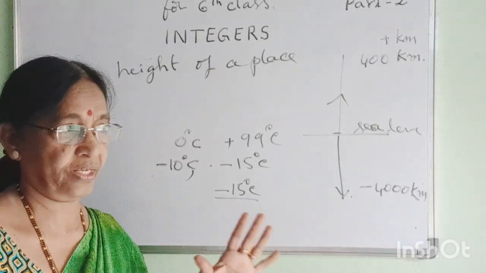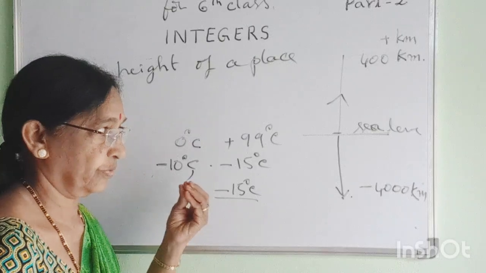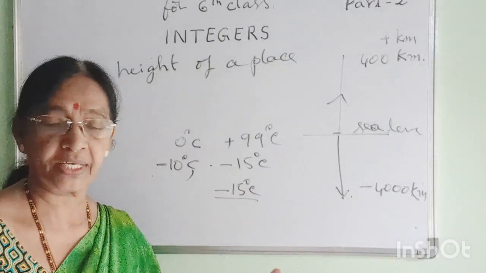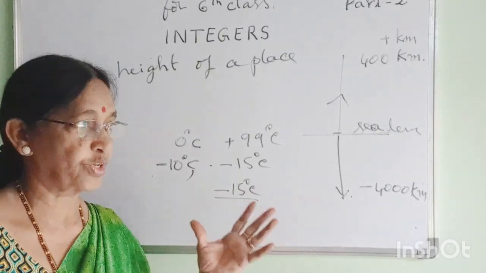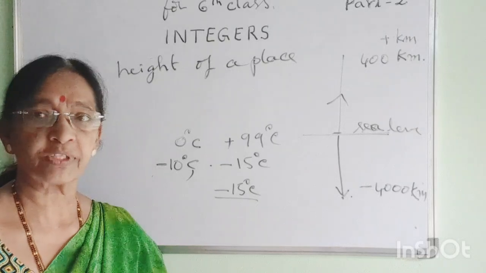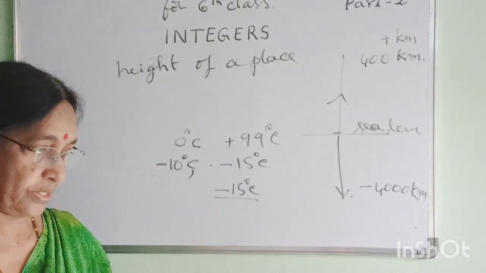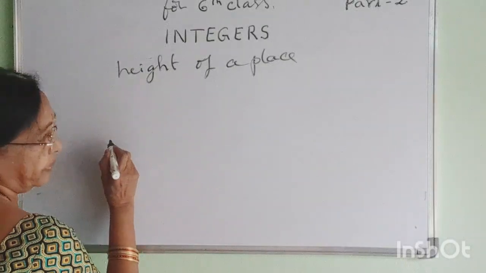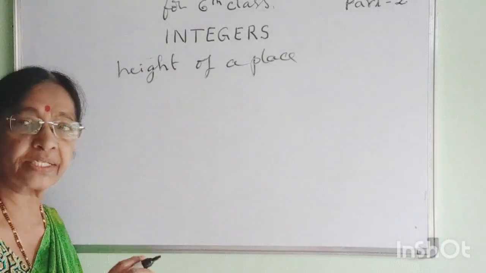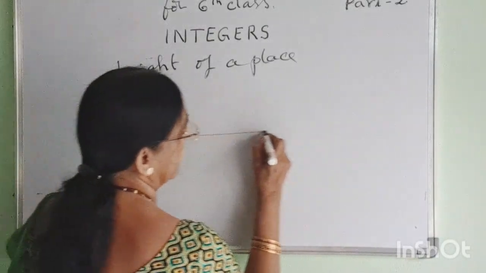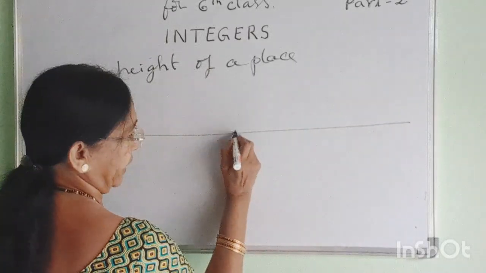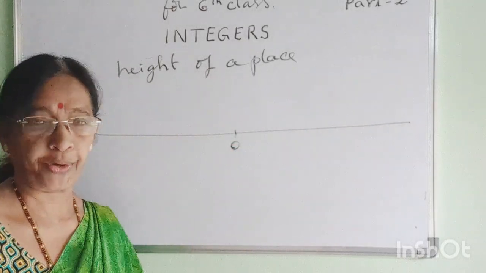So, for a quantity we measure, there are two directions. We measure one direction with the positive integers and the other direction with negative numbers. Now we represent the integers on a number line. Let this be a number line and take 0 at some point.